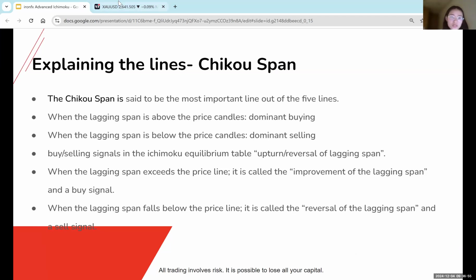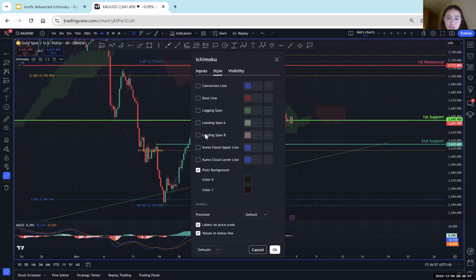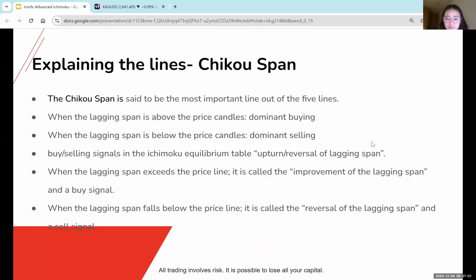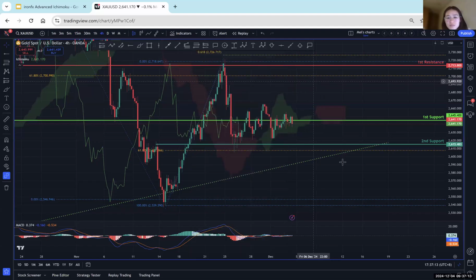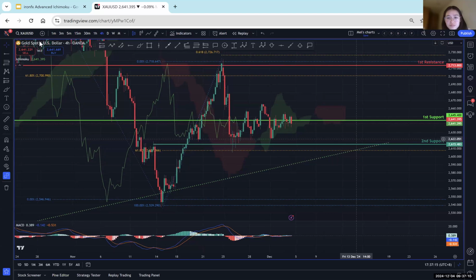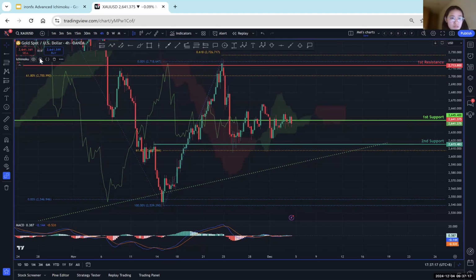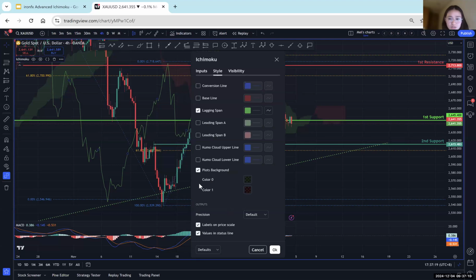Okay, let's take a look at the Chikou span, which is the lagging span. As we mentioned in our slides, if the Chikou span is above the current price, it's a bullish trend. I'm just gonna get rid of the cloud since it's not telling us much.